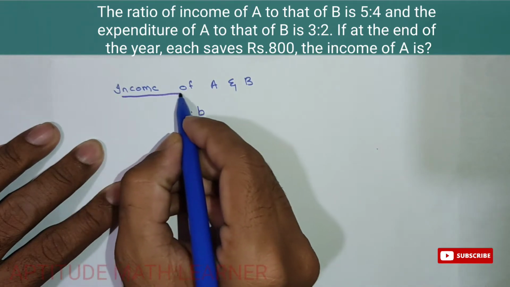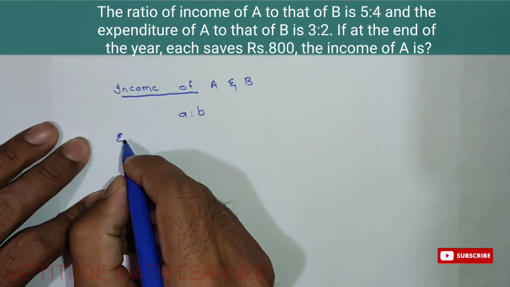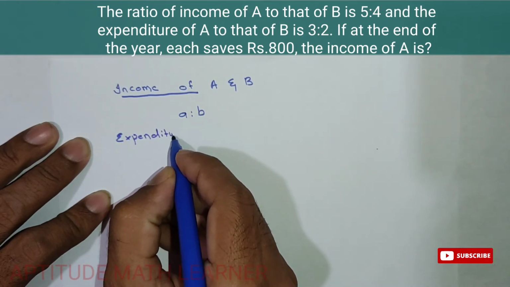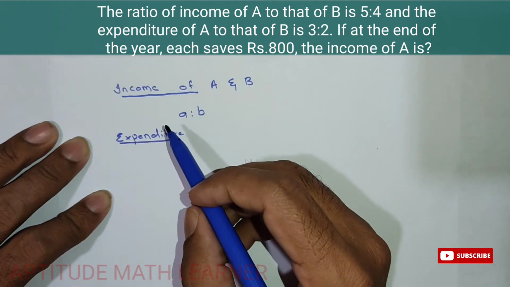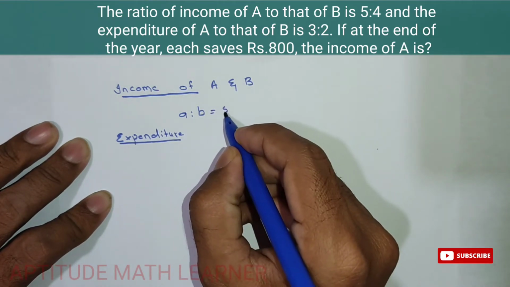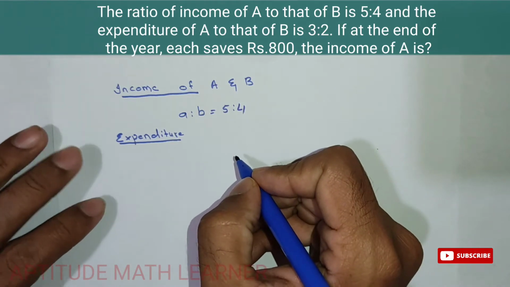So this is the income, and their incomes are in the ratio 5:4. Hope till here you have understood.